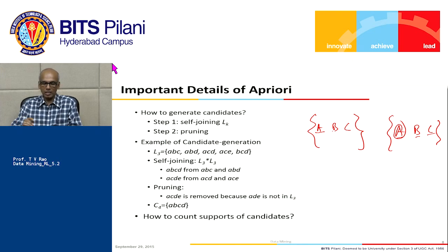Similarly, you do with B, C, and so on. Thereby you get new supersets which are one level higher than what you had before, and then you look at their counts.